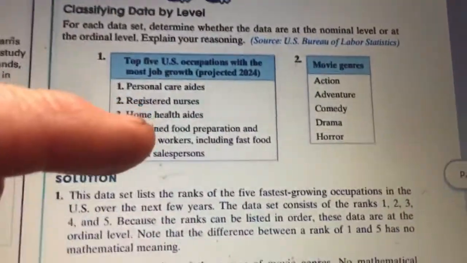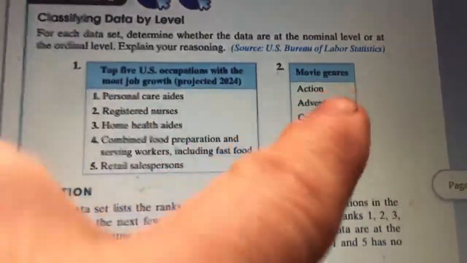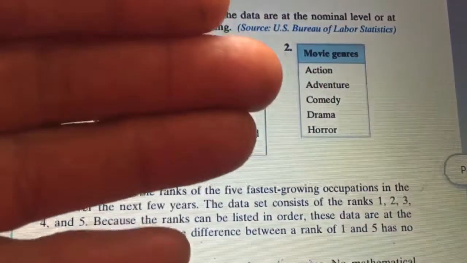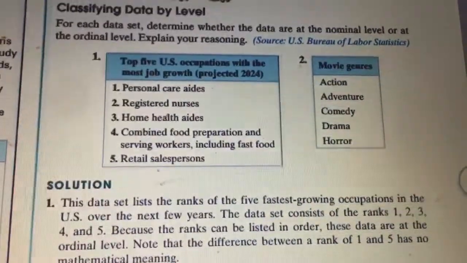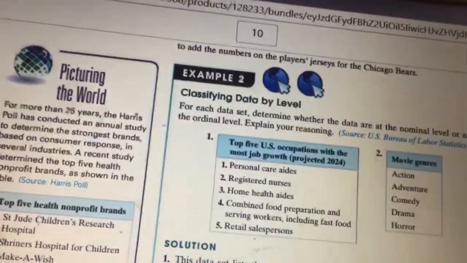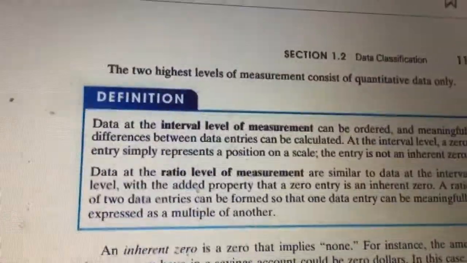These are in order though, which makes them ordinal, and these, there's really no way to put them in order. They're just in alphabetical order maybe, but there's no real order about them, so that's just nominal. All right, then we have interval and ratio level.